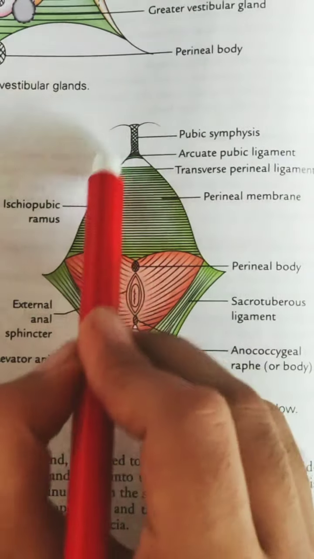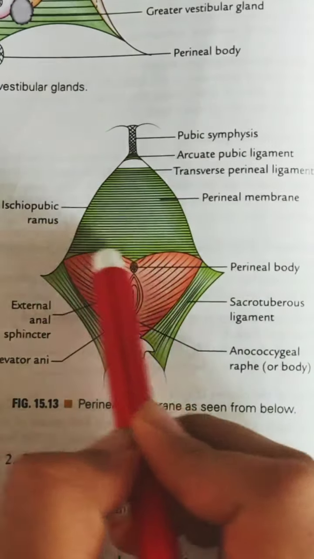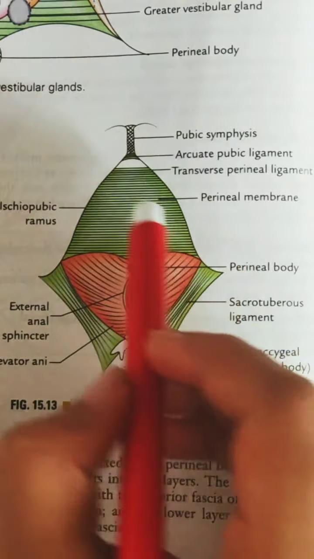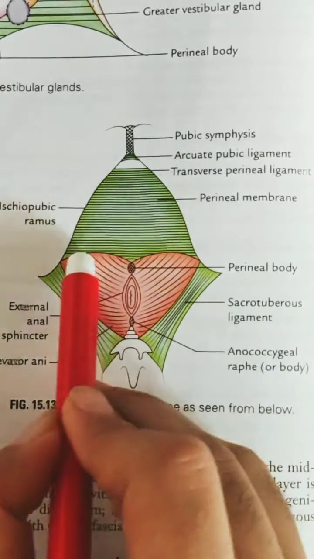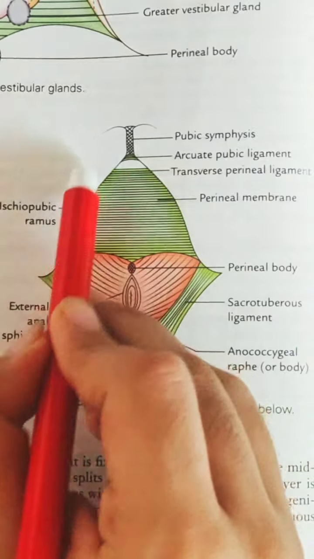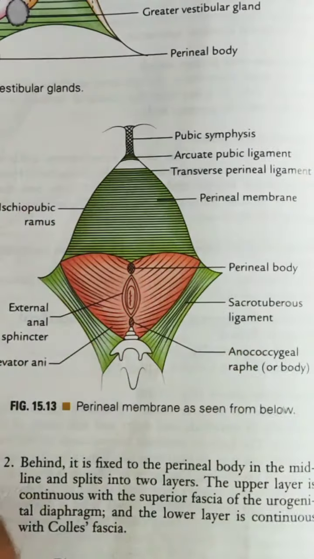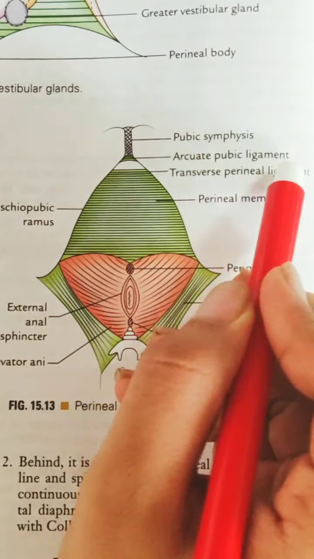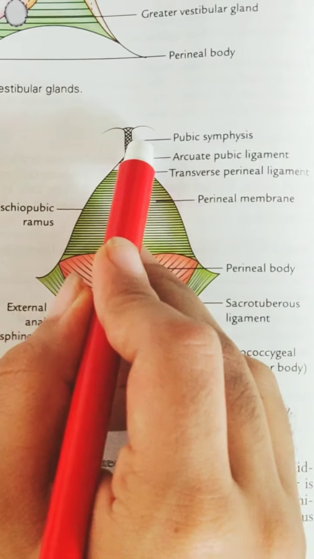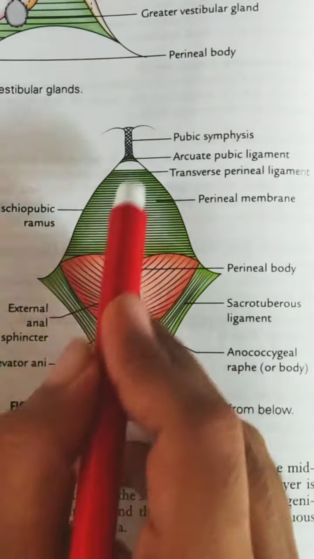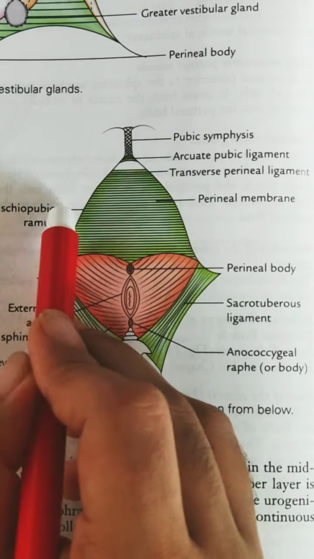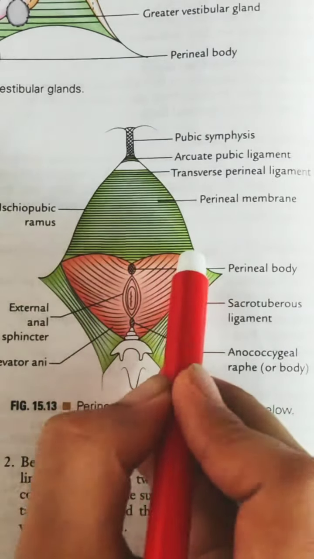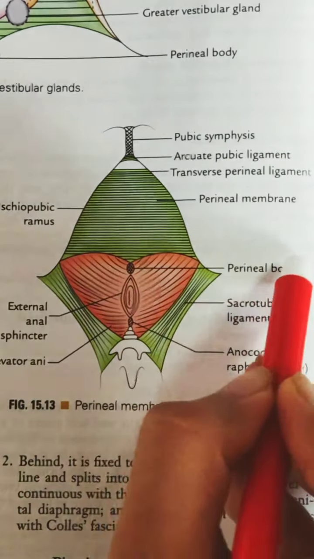Now we'll look at the boundaries of the perineal membrane, which looks like a triangle shape with the apex upwards, base downwards, and two lateral sides. The apex is made up of the arcuate pubic ligament. On the lateral sides there are the ischiopubic rami, and the base or the posterior side has the perineal body.